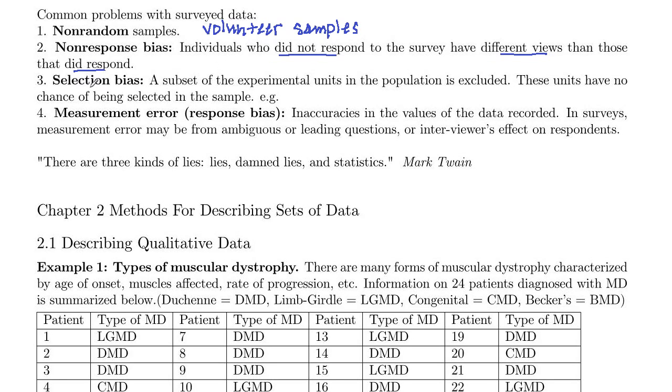Third one is selection bias. This is when a subset of your experimental units, so the individuals or objects that you're surveying in the population, is excluded. That means those experimental units don't have any way to be selected and get into the sample.